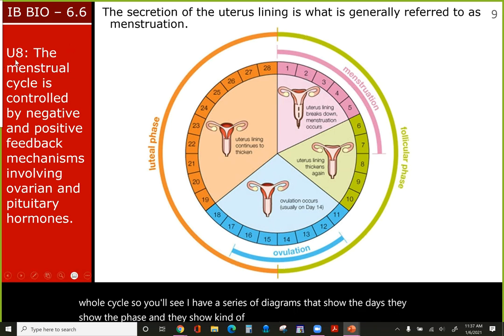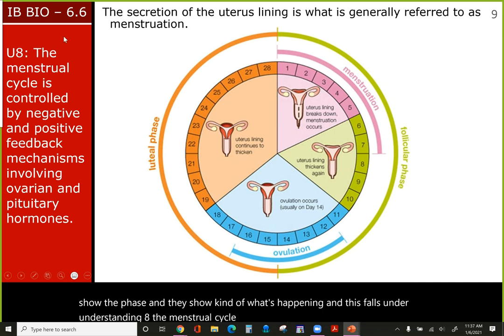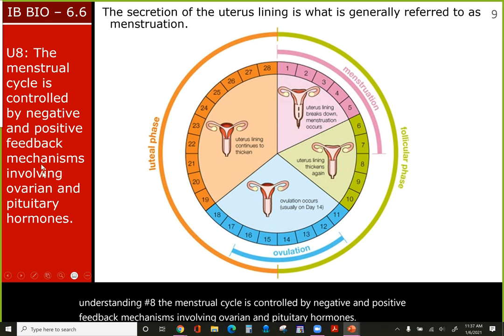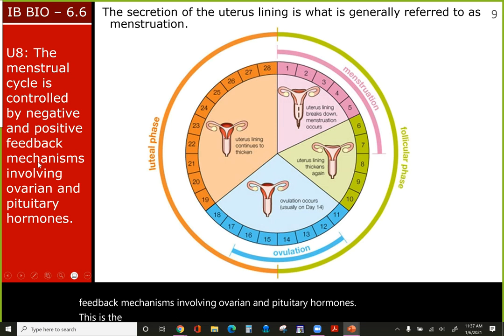And this falls under understanding number 8. The menstrual cycle is controlled by negative and positive feedback mechanisms involving ovarian and pituitary hormones. So this is the last major understanding in this topic. And we will talk about a couple of applications though too.